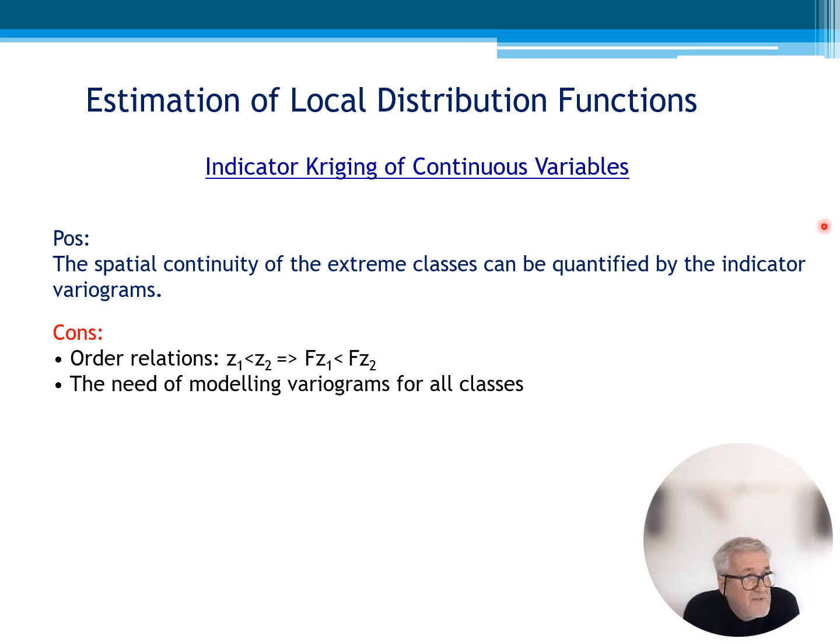There is one version of this indicator kriging which is median indicator kriging, which means that in this case we calculate just one variogram, for the median, which normally works well, and we adopt this variogram for all classes. But again, if we do that, we lose the advantage that I mentioned.